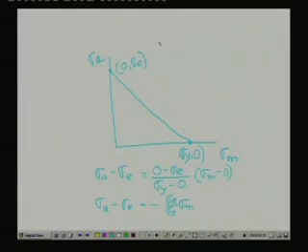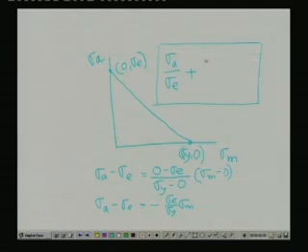If we simplify this relationship, we get an expression like this. So, this is the relationship one should consider when designing for the Soderberg criteria.